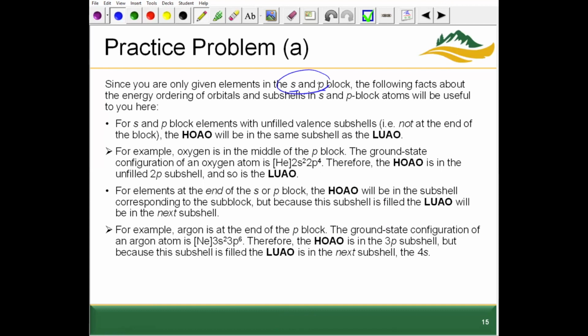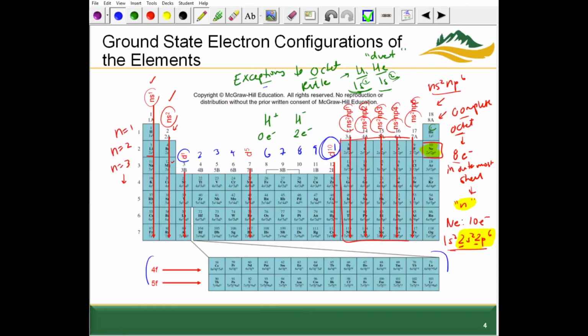So for all of the s and p block elements, not just the ones in our practice problem, we can follow these guidelines. For s and p block elements with unfilled valence subshells, i.e. not at the end of a block, what does that mean? Well, these are not at the end of the s block. So for lithium, for example, its outer orbital is 2s1.